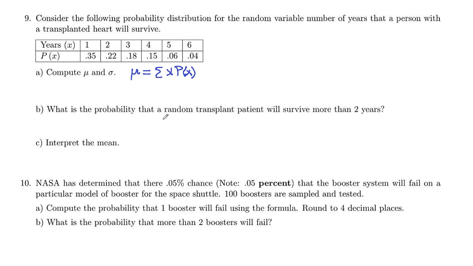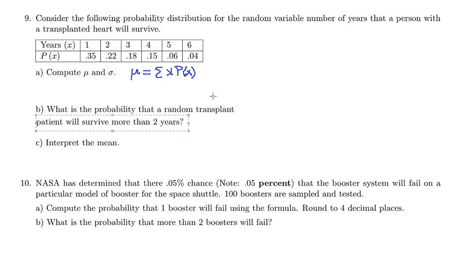So what we need to first do is put that information in a table. So let's give ourselves a little bit of room here. Let's make a table here, and we've got x column and probability of x, and then x times the probability of x, and then x squared times the probability of x.